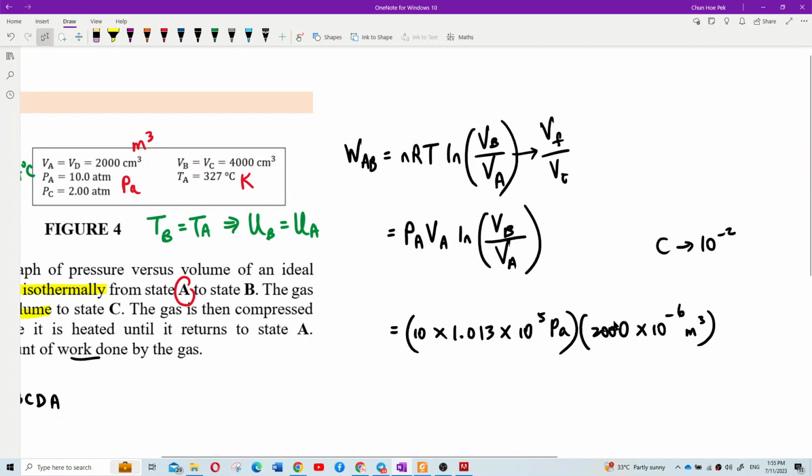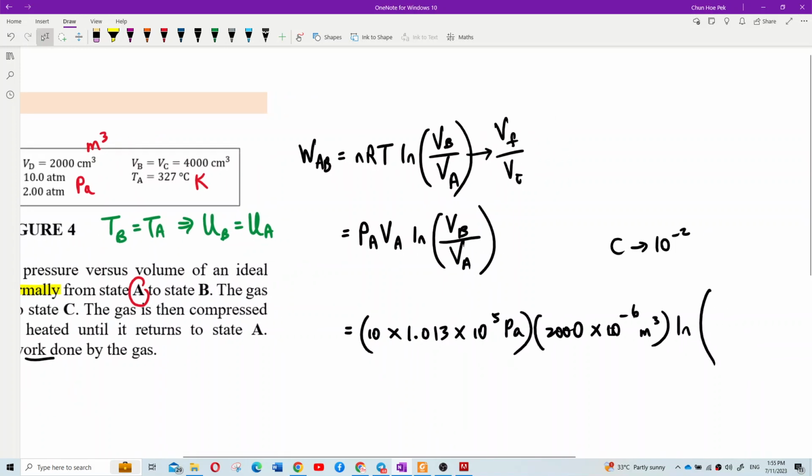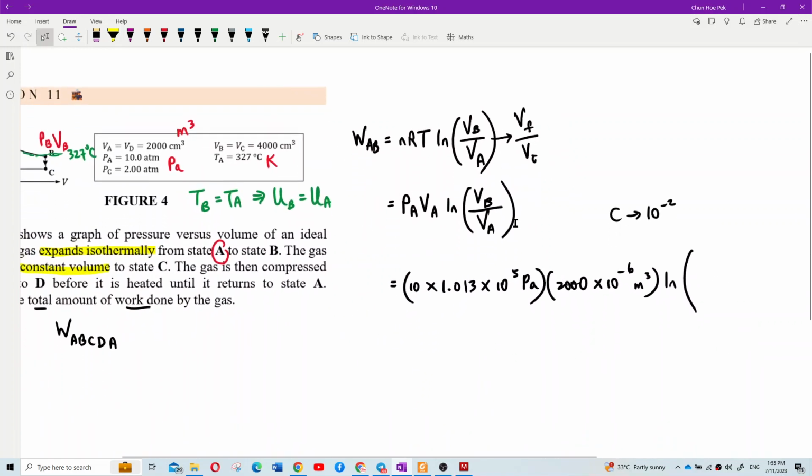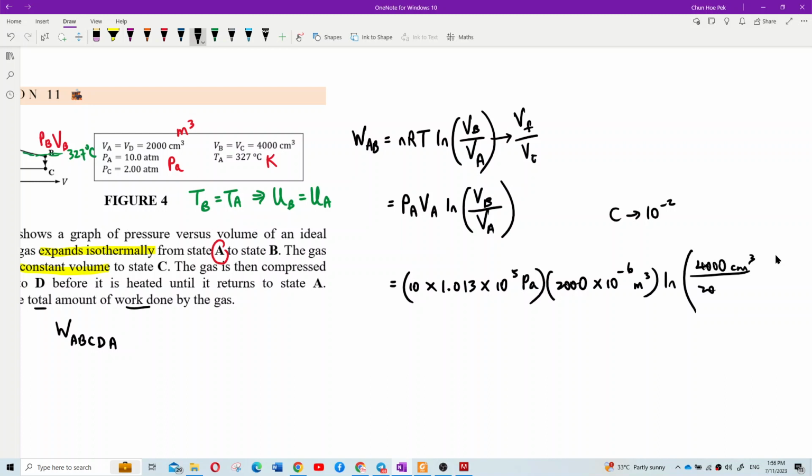And then ln, apakah volume dia? Volume ini you biarlah dalam cm cube sebab dia potong unit dia. So you biar saja dalam cm cube. 4000 cm cube divide by what? Volume A 2000 cm cube.